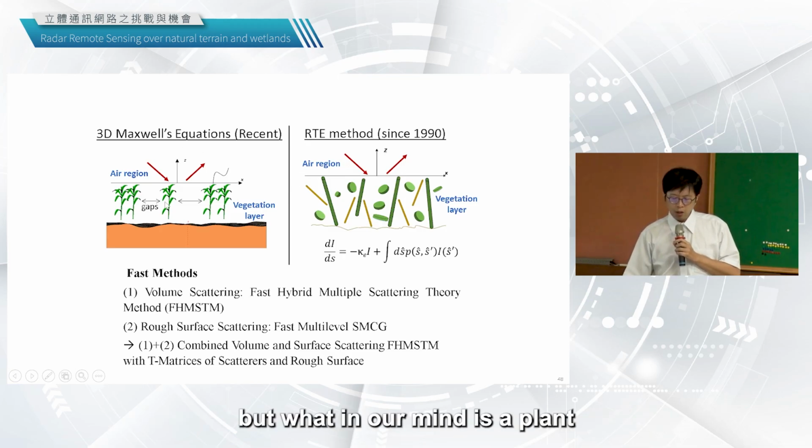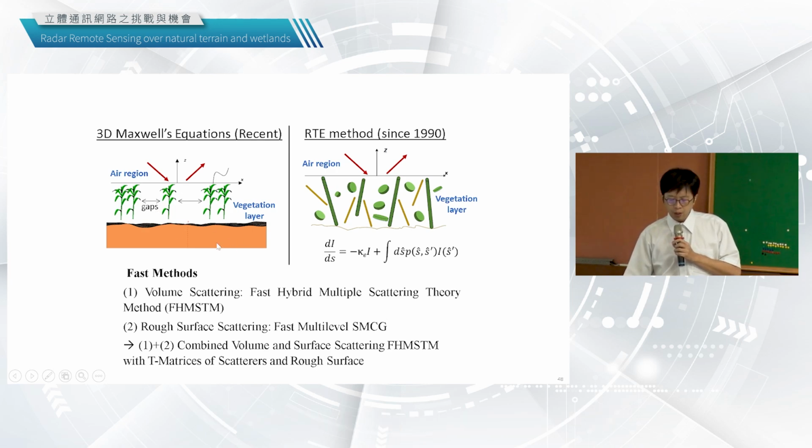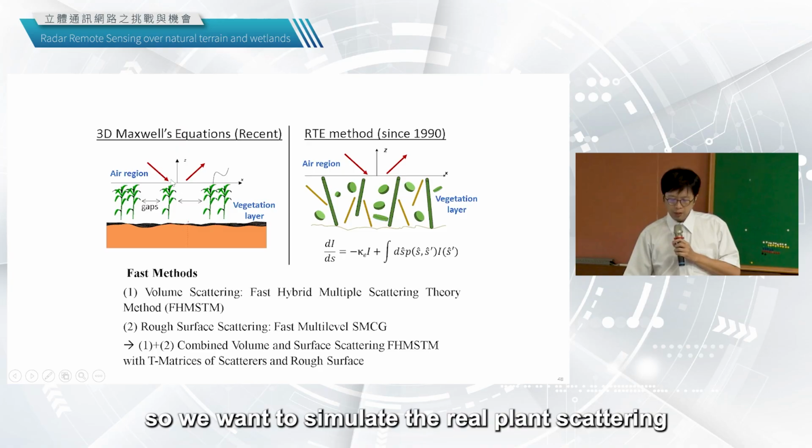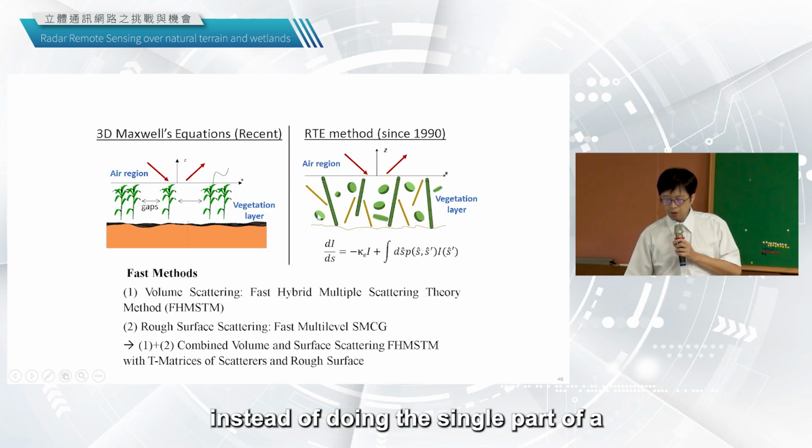What we have in mind is a real plant, and you put many of them in the field. So we want to simulate the real plant scattering combined with the surface, instead of treating single parts of scatterers uniformly distributed in a layer.